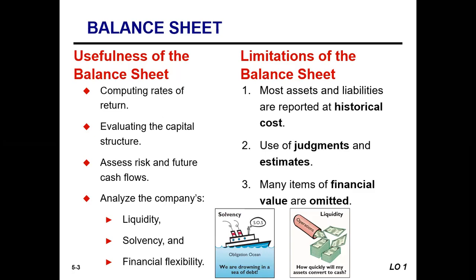And then number 3, many items of financial value are omitted. So there are some things that are not necessarily reflected on our balance sheet. Future value, for example.